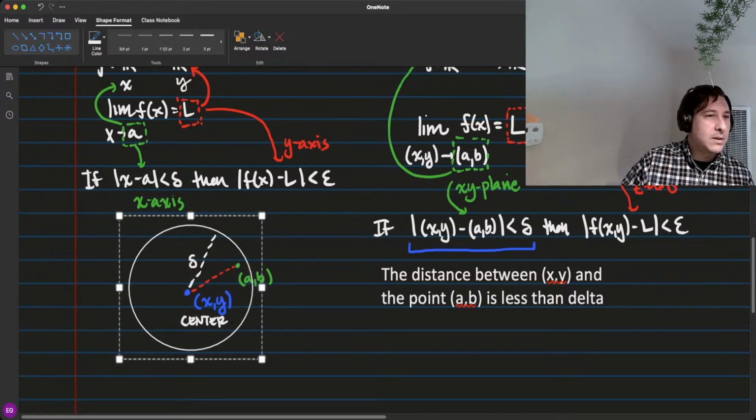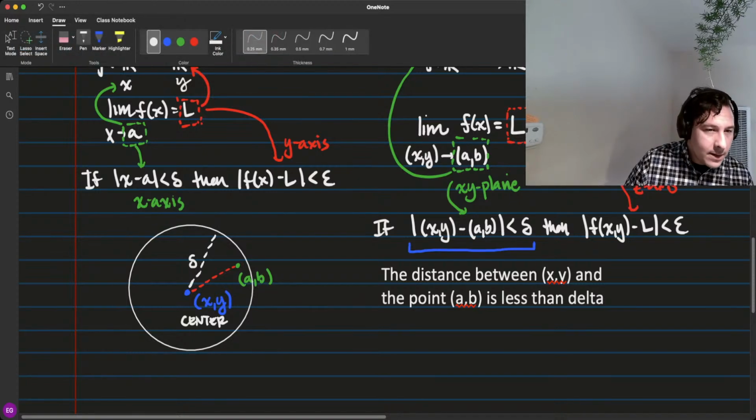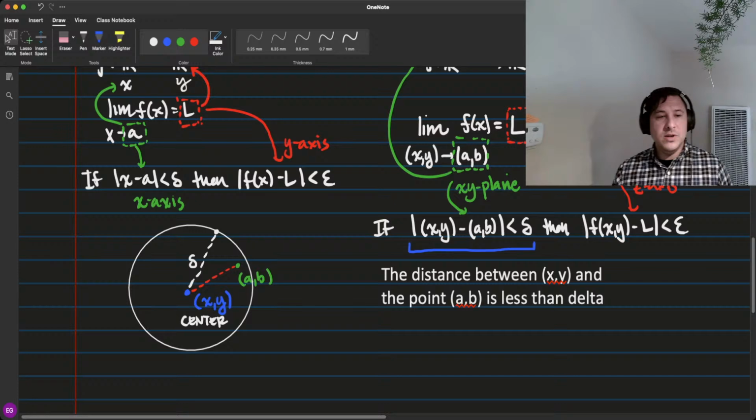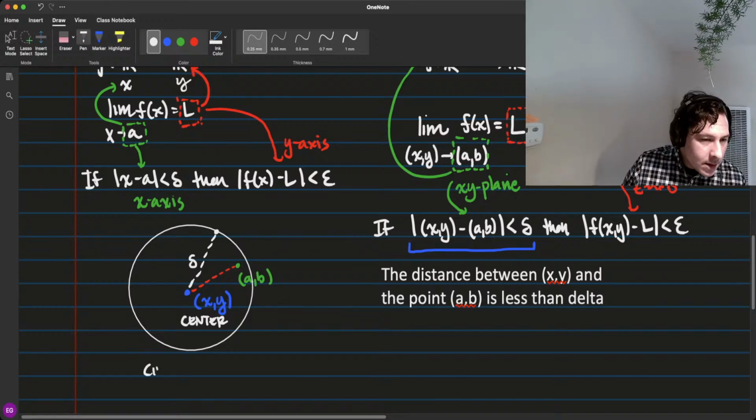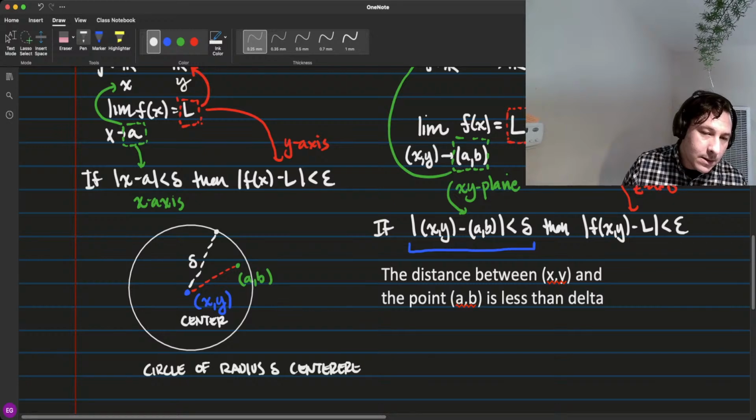Okay, perfect. So do you see how I have here a circle of radius delta centered at x comma y?